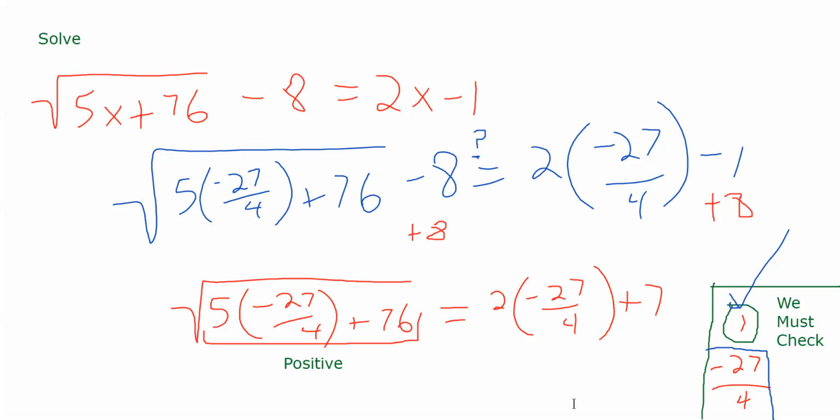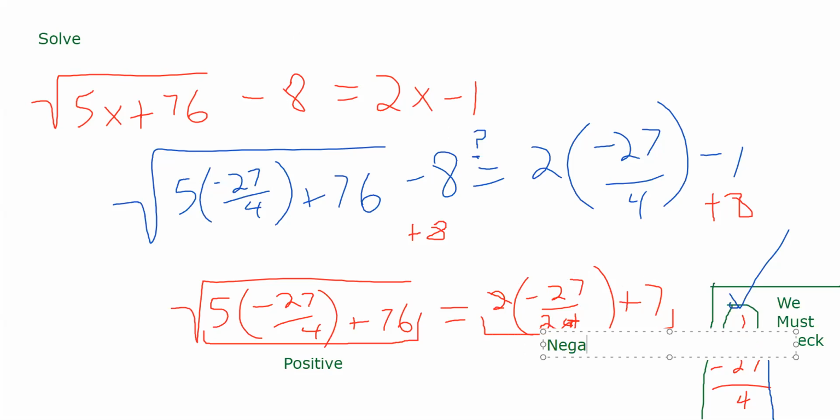Over here on the right-hand side, look what's going to happen. You do 2 times negative 27 over 4. You could rewrite it like that, I know we're going a little quick. Negative 27 over 2 is about negative 13.5. You add 7 to that, and it's not going to make it positive again.